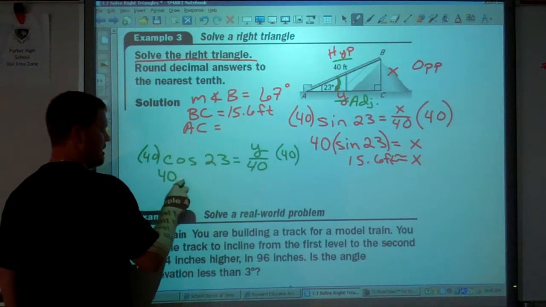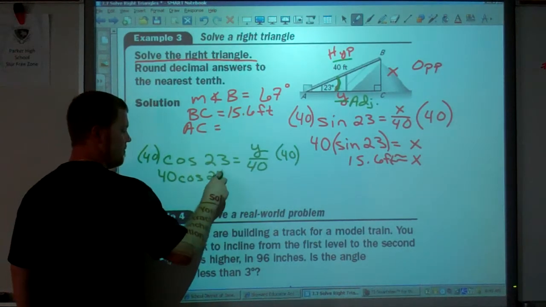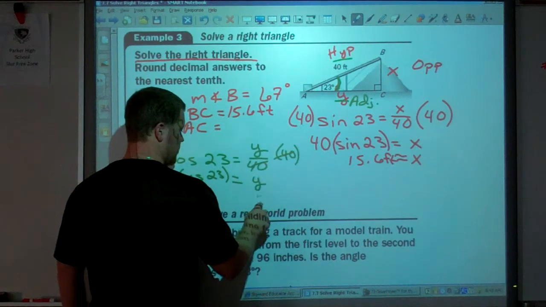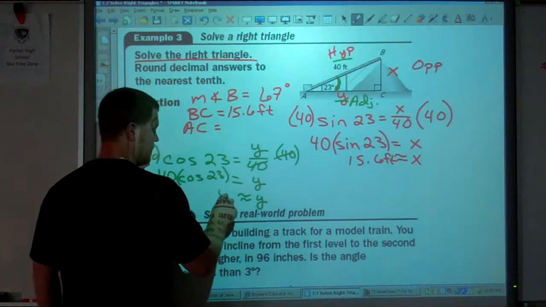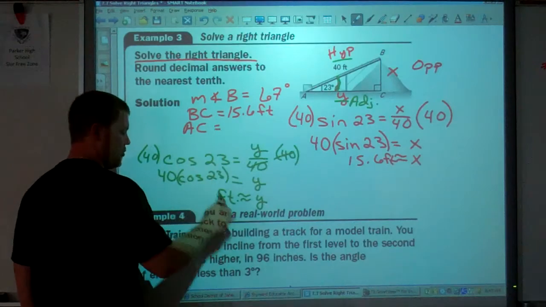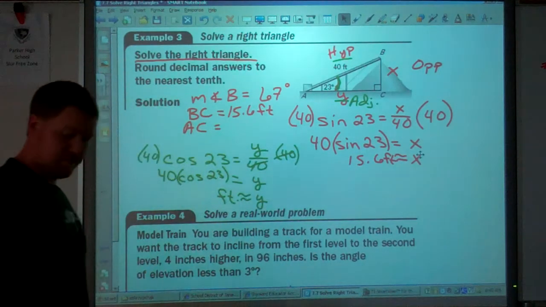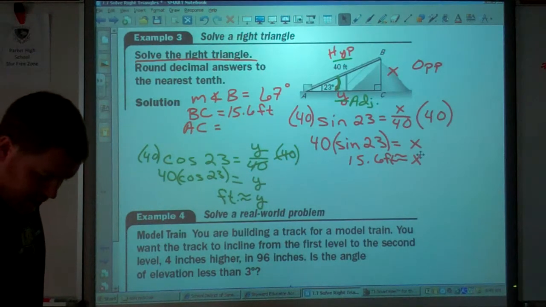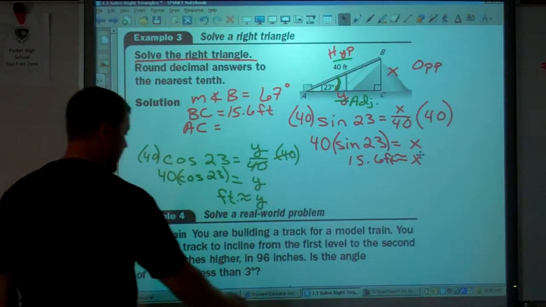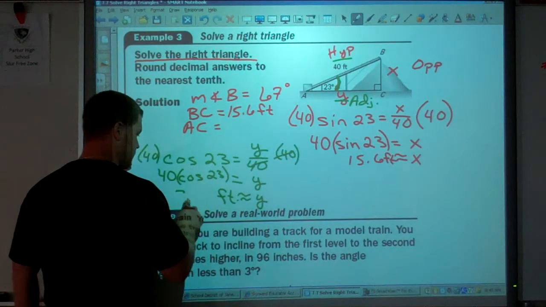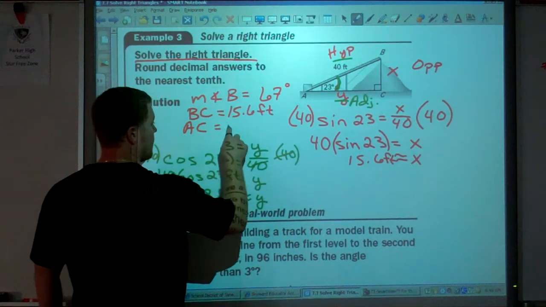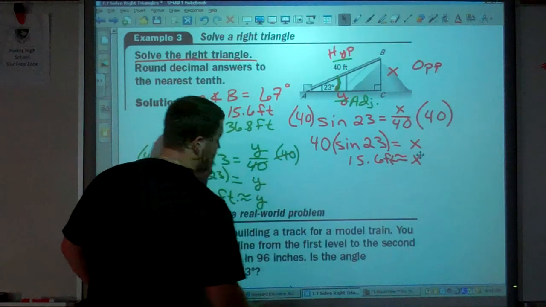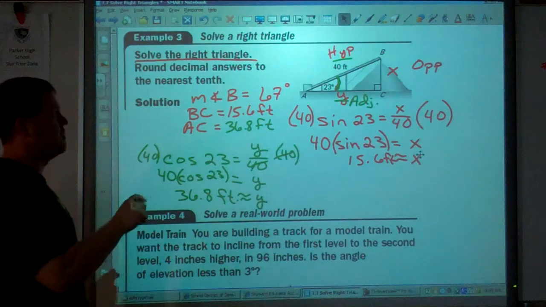So 40 times the cosine of 23 equals, those cancel, we're left with Y. So Y is about, and it will be feet, 40 times the cosine of 23. So 40 times cosine of 23, 36.8. 36.8 feet. Solving the right triangle, three measurements.